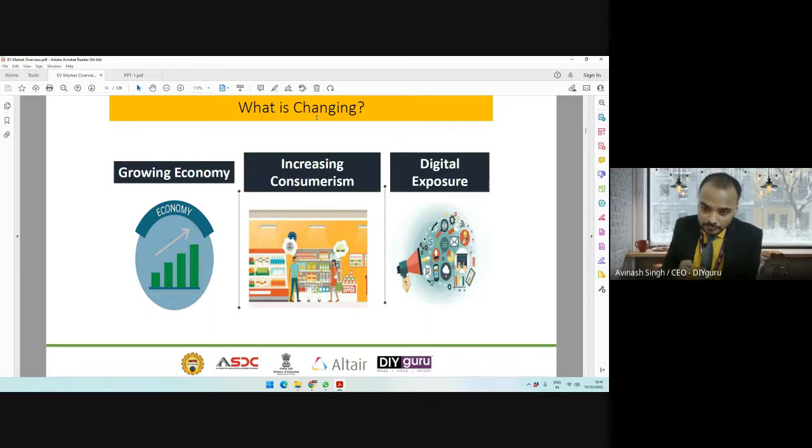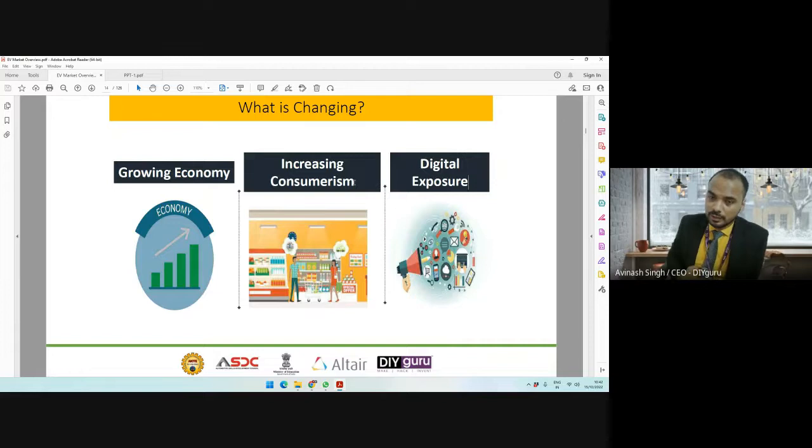Now they have started introducing digital advertising mediums to reach out to customers, right? That has heavily impacted the Indian automotive industry as well.